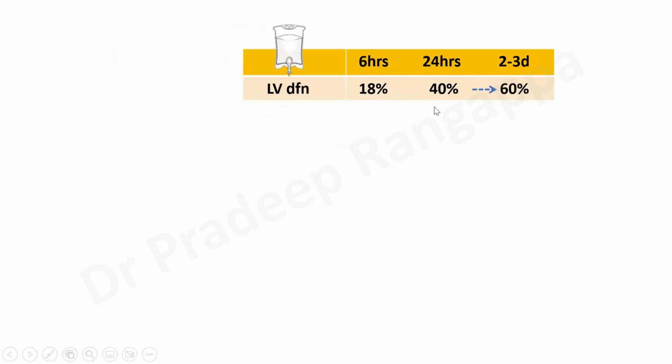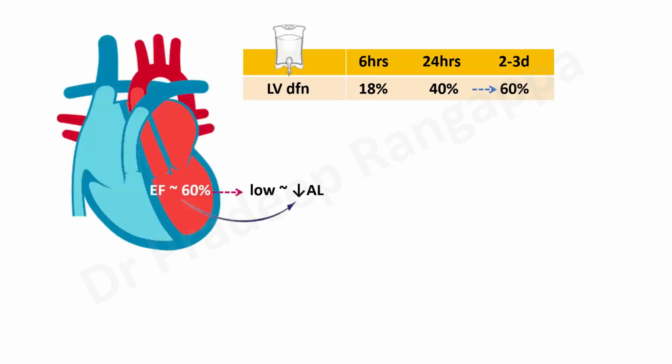At 24 hours, 40% had, and by 3 days, it increased to 60%, which means it's an evolving sort of pathognomonic feature. So early on it may manifest, and over the course of days it may progress. One should be watchful up to day 3, when patients can develop this septic cardiomyopathy.